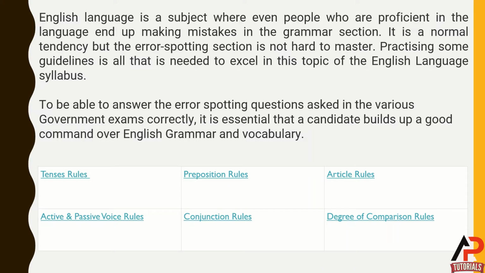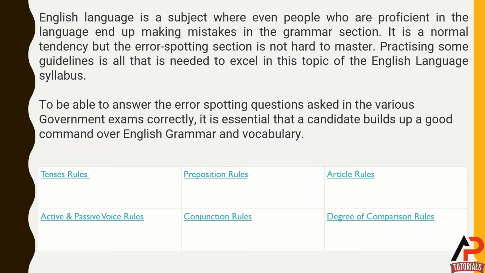Practicing some guidelines is all that is needed to excel in this topic of the English language syllabus. You just need to remember some guidelines while solving these types of questions, and that will be good for you.